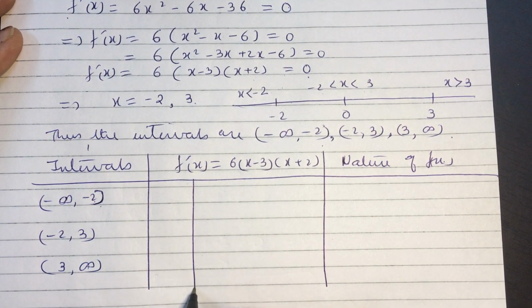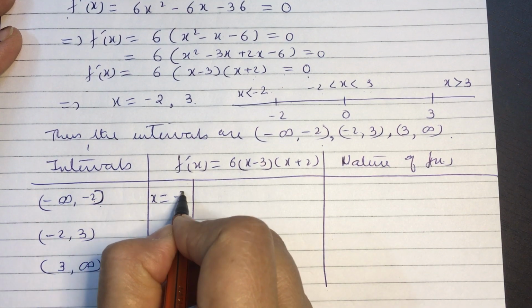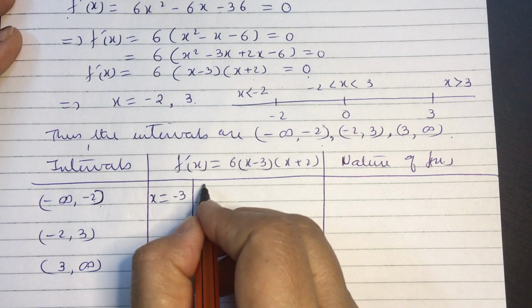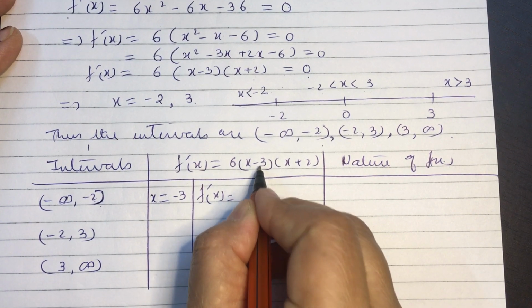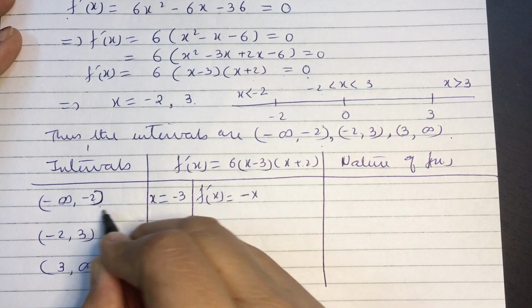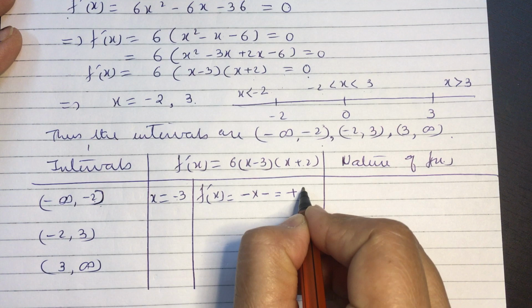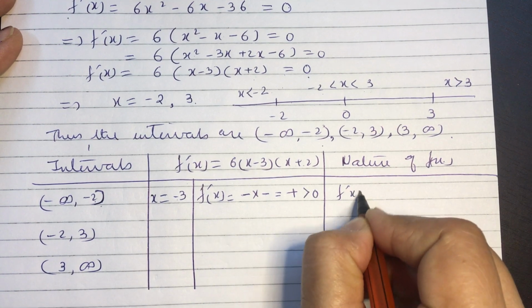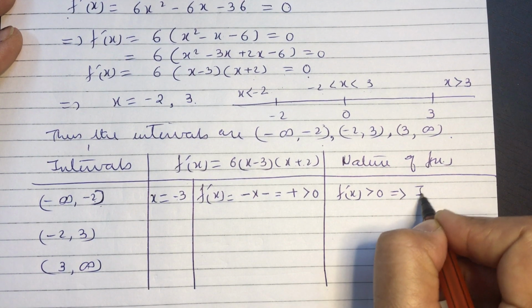So let's take x equal to any point lying in the first interval, the easiest would be minus 3. We get f dash x equal to, now minus 3 is negative, into minus 3 plus 2, which is again negative, which gives positive, greater than 0, which gives us increasing.